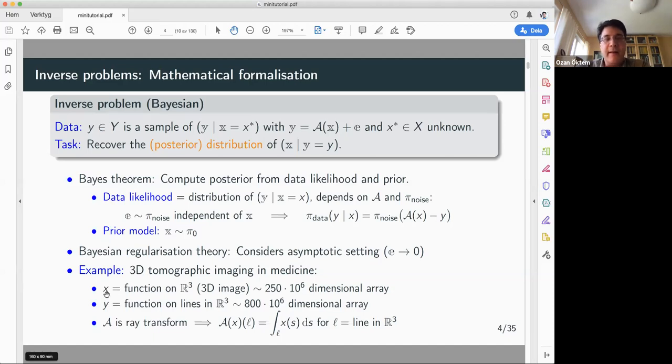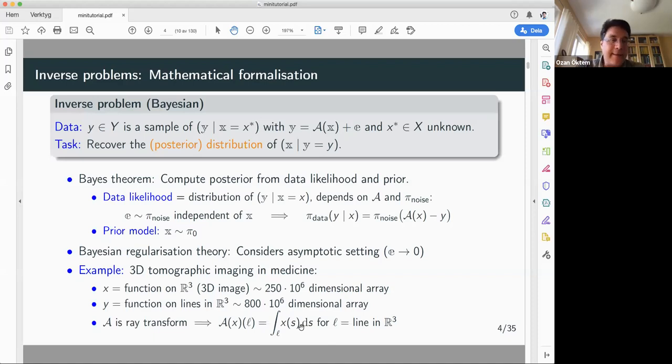Typically in medical CT imaging, or tomographic imaging, the X here is a function on R3, which is a 3D image representing the interior anatomy. Just discretization would typically correspond to about 250,000 voxels, which are now the unknowns. Likewise, the data that you gather in a clinical scanner is about an 800 million dimensional array, roughly. And then the forward operator is a linear integral transform after logarithmic transformation of data.